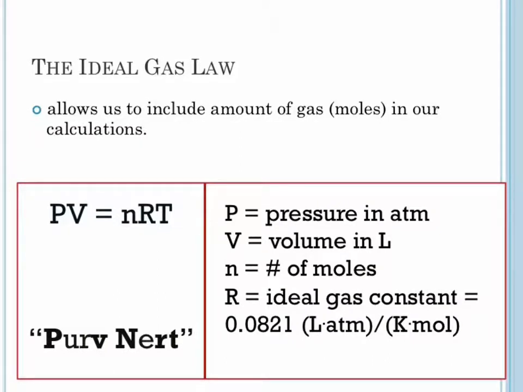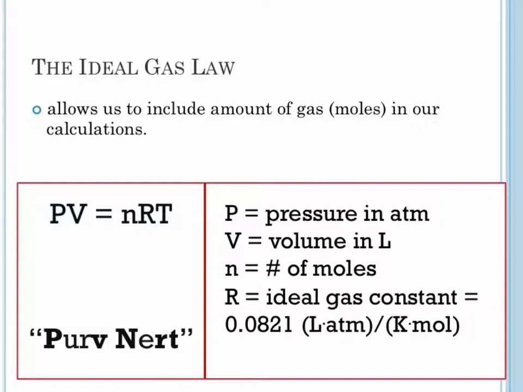R is a constant, and it's called the ideal gas constant. And this number is fixed for this pressure. So in ATMs, this is the ideal gas constant. If we are in millimeters of mercury or torr, then the ideal gas constant is 62.36.